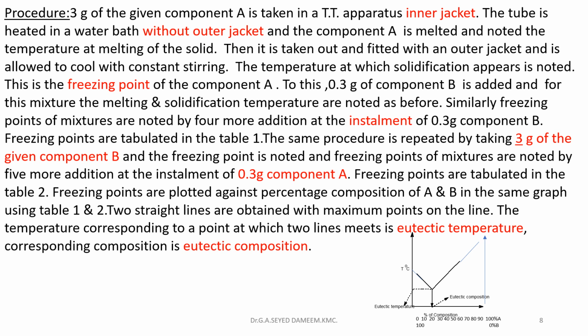Now freezing points are plotted against percentage composition of A and B in the same graph using tables 1 and 2. Two straight lines are obtained with the maximum points on the line. The temperature corresponding to the point at which the two lines meet is the eutectic temperature, and the corresponding composition is the eutectic composition, and the model graph is given in this slide.